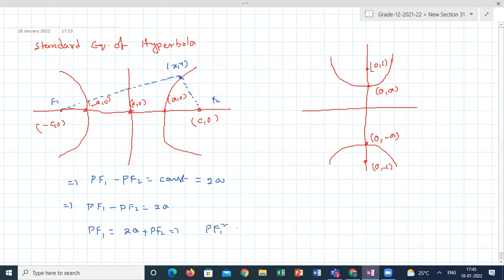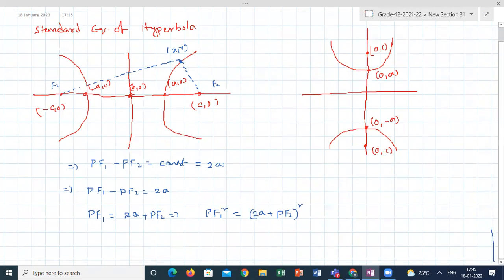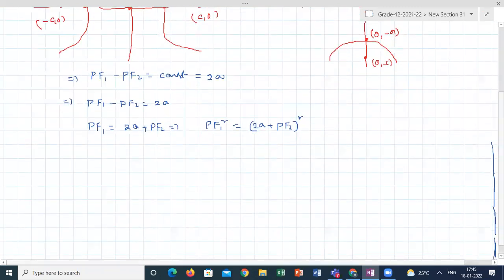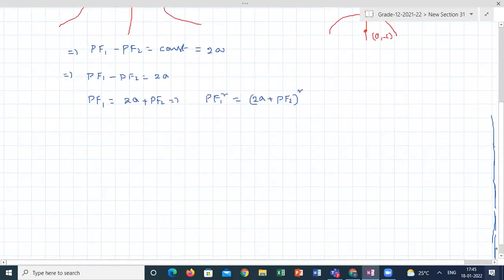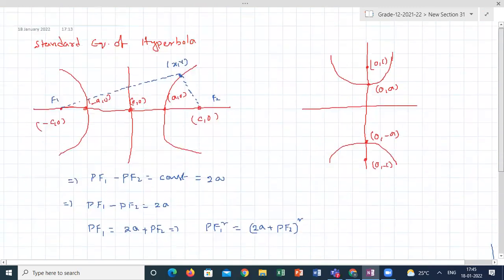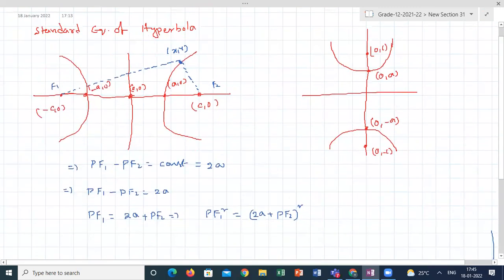PF1 whole square is equal to 2a plus PF2 whole square. So apply the distance formula and do it. I'm giving a few minutes time, please. Sir, could you show the diagram? Yeah.